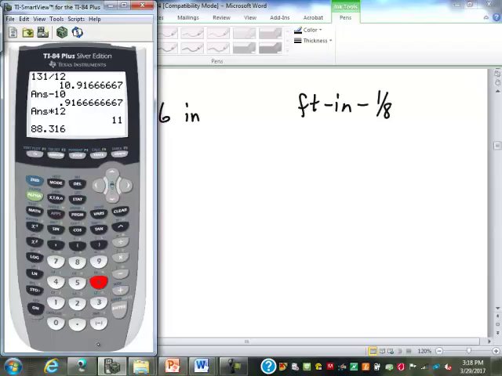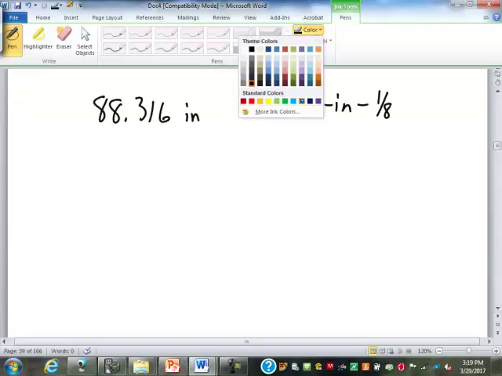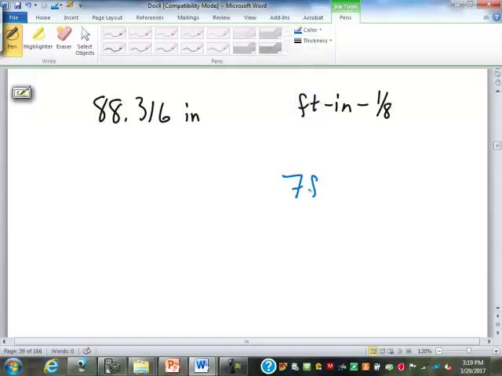I'm going to do this all within the calculator. So the first thing I'm going to do to that 88.316, that's inches, I need to get my whole feet. So I'm going to divide by 12. That's 7.3596666. That is telling me that I have 7 whole feet here.